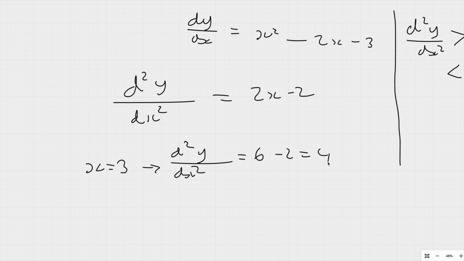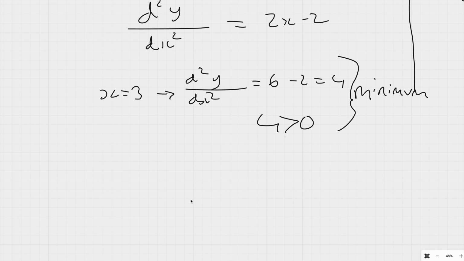And as you can see, 4 is larger than 0, so this point is a minimum. I'm not waiting for you guys to say it out loud. And when x equals minus 1, it's minus 2 minus 2, which equals minus 4. So it's less than 0, which means that it's a maximum.